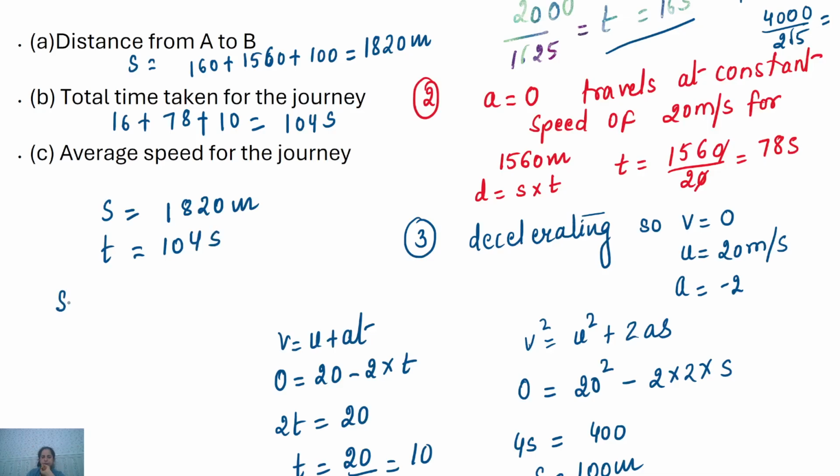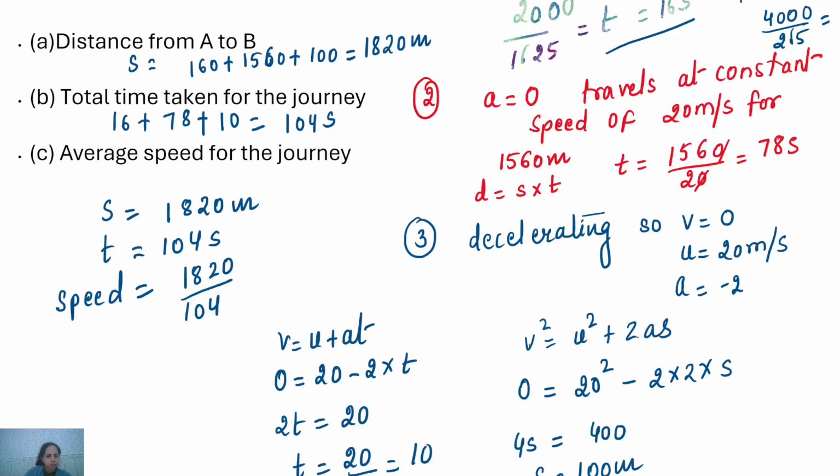So that speed is called average speed. So without accelerating or decelerating, if the train would have traveled with one constant speed, what would be that constant speed? So that's what average speed is. You just calculate using total distance divided by total time, which is 1820 divided by 104.